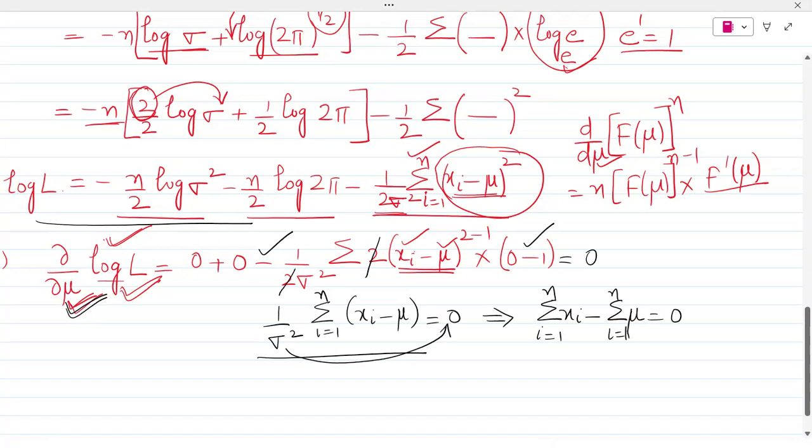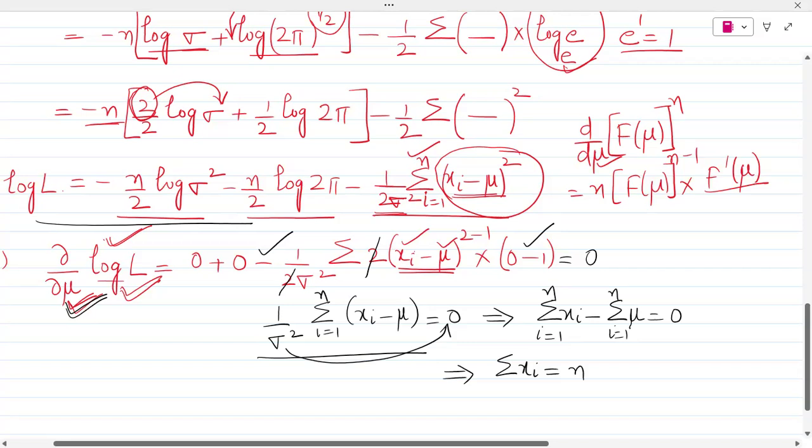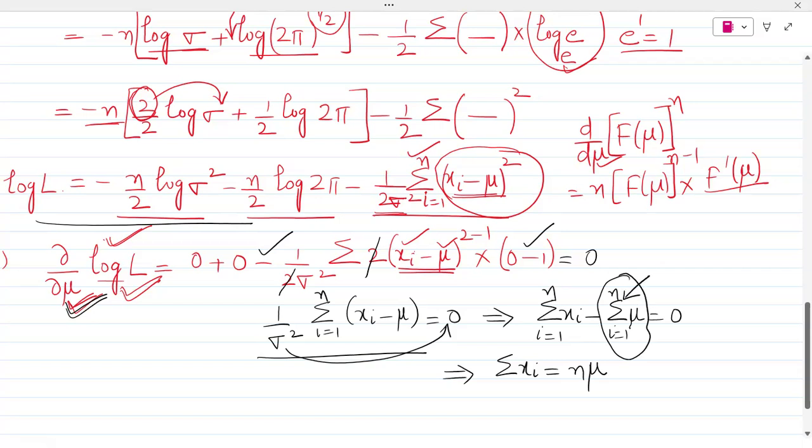Now summation xi, and this is now n mu. Why? What is this term? We are adding a constant. Summation means adding. We are adding mu. Mu is a constant. So we are adding a constant n times, so that is n mu.